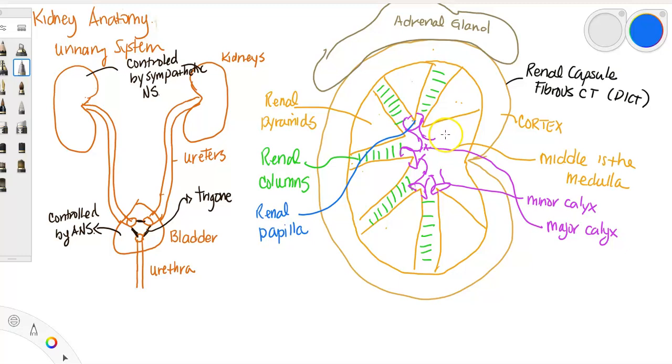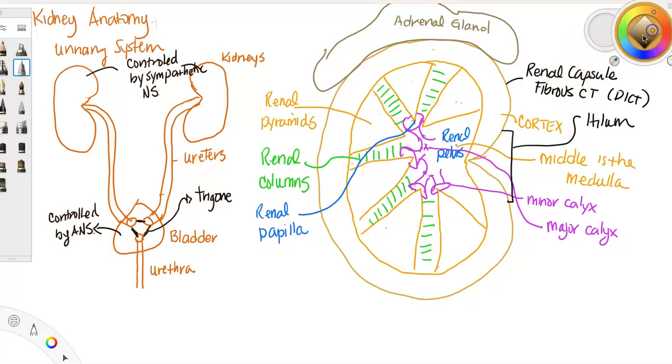All right, this area here is called the renal pelvis. And this is where the urine collects. And it exits out this area here, which is called the hilum. And the hilum is the area where the tubes exit. So you've got the ureter coming out there.